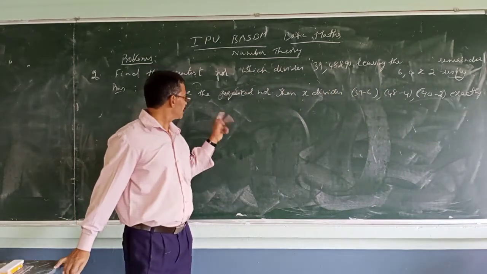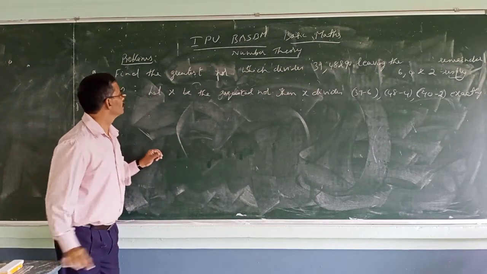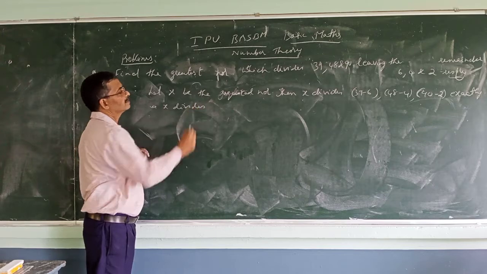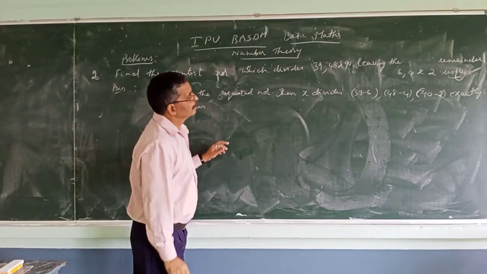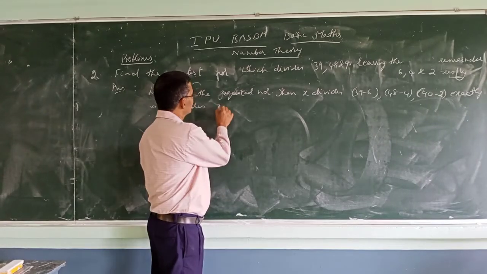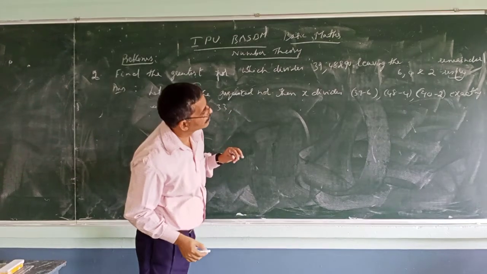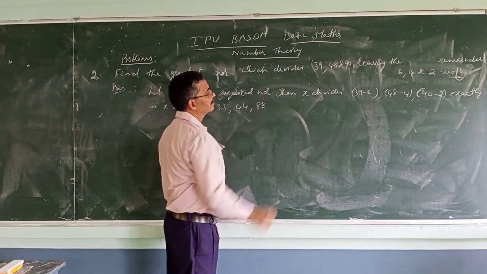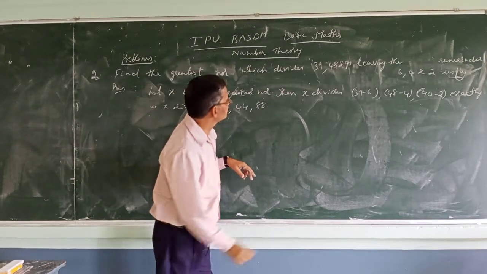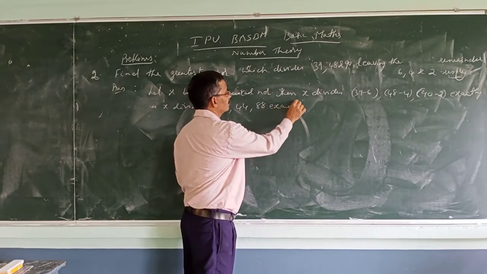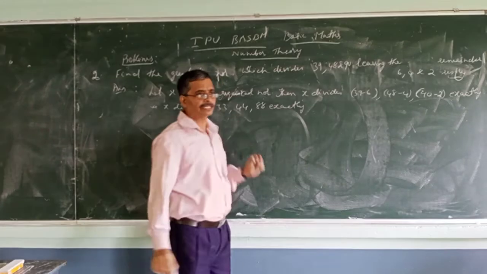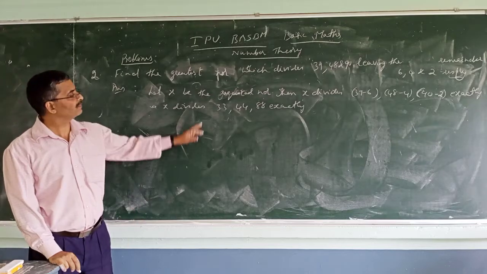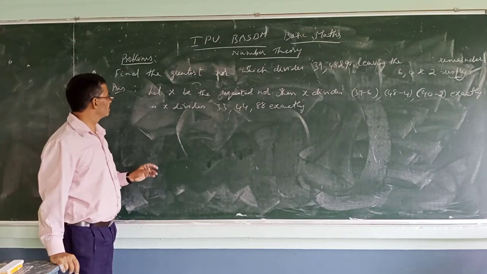That is, x divides 33, 44 and 88 exactly. Exactly means without remainder. So we will find the GCD of these three values.